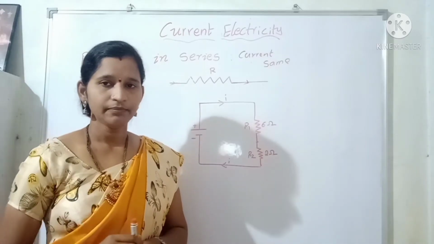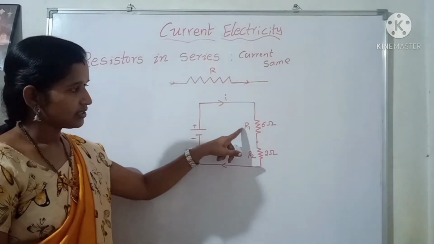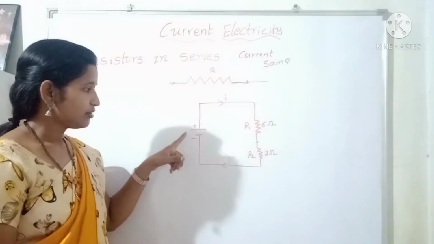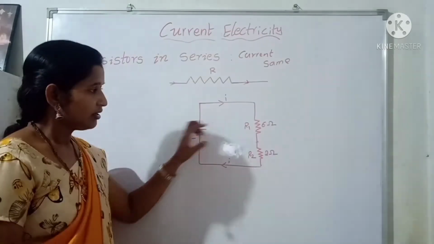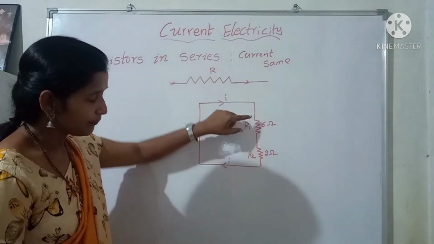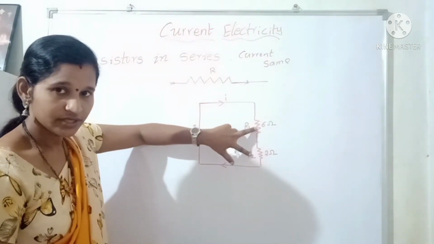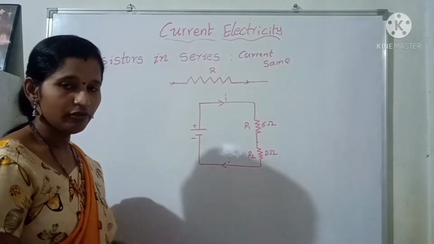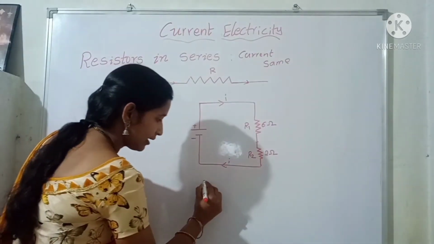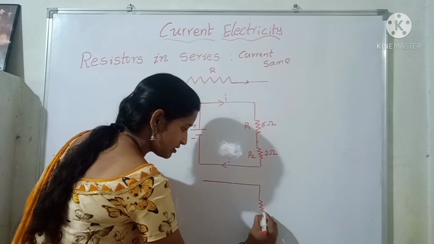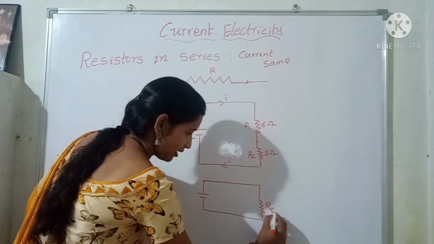I'll explain one sum related to series combination. See this circuit diagram. Here two resistors R1 and R2 are there, and a source of EMF, that is nothing but a battery. This is the series connection. One end of R1 is connected to one end of R2, so these two are in series. Now I want to find the equivalent resistance. We can also draw it like this, the R equivalent.